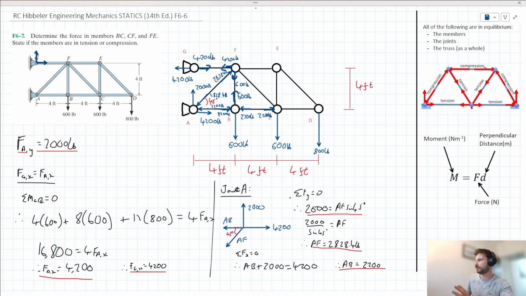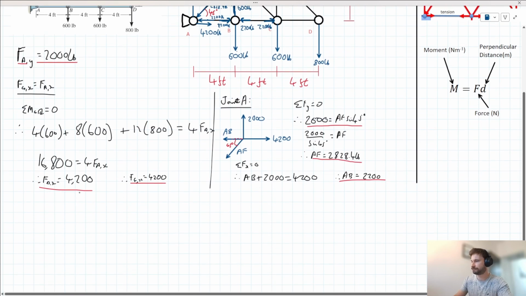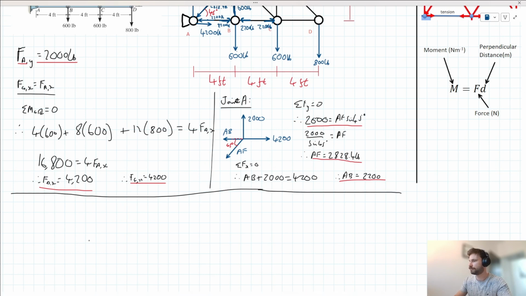Okay, so I mentioned earlier that joint D is also a good place to look at since it has two unknown internal forces, right? Let's go ahead then and resolve at joint D. Let's just make some more room here.